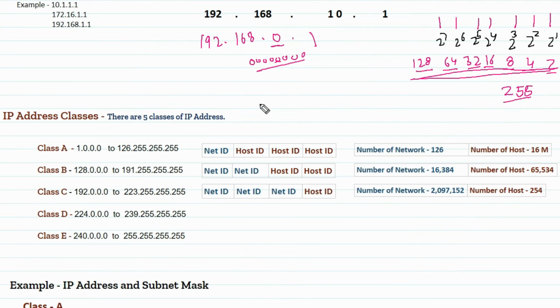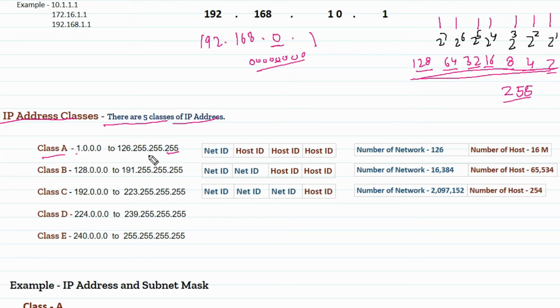Now friends, let's see the classes of IP addresses. There are 5 classes of IP address. Class A starts from 1.0.0.0 to 126.255.255.255. Here you can see it's not going beyond 255.